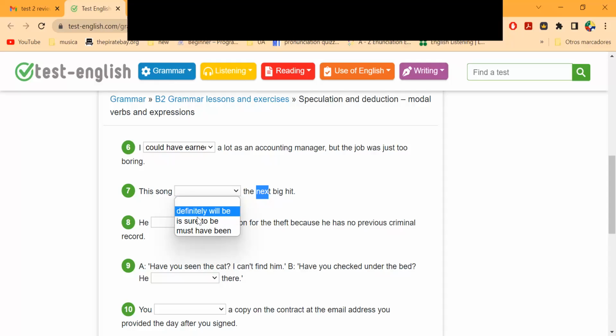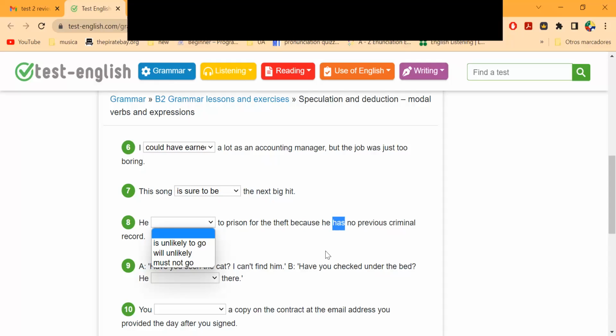No, definitely will be, no, este orden no es muy, bueno, todo se puede en la vida, pero no es el más usado, por ende, el correcto. He will go to prison for the theft, por el robo. He is unlikely to go to prison for the theft because he has no previous criminal record. He has, present. Is unlikely to go. Absolutely.